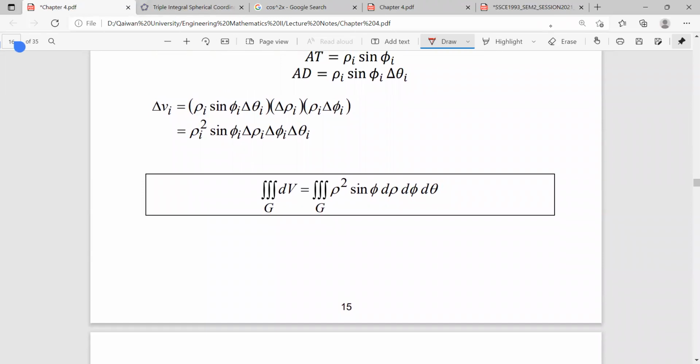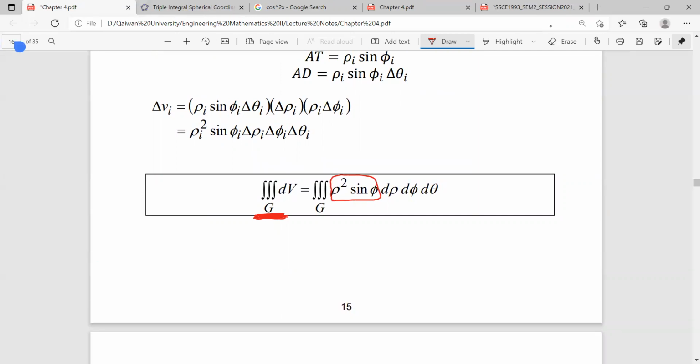Here we say the triple integral, dV, which is the volume of the solid bounded by G, in the region G, equals rho squared sine phi.